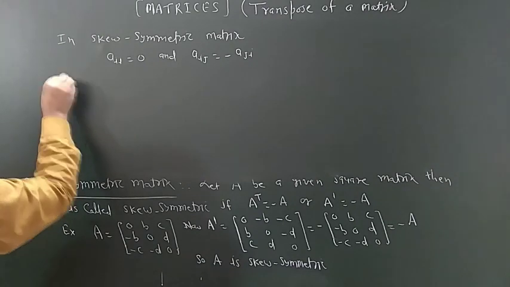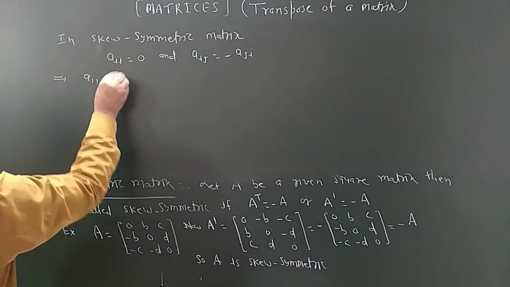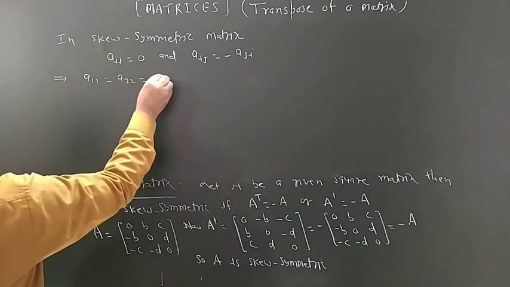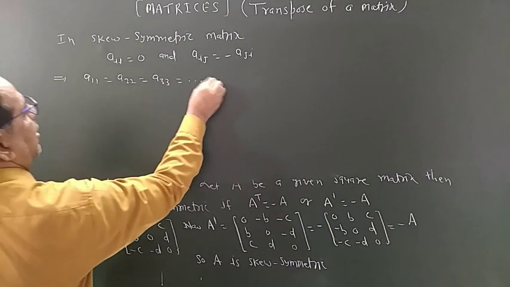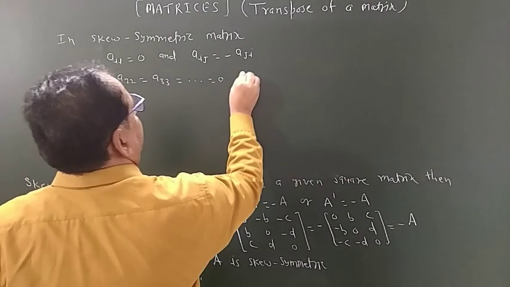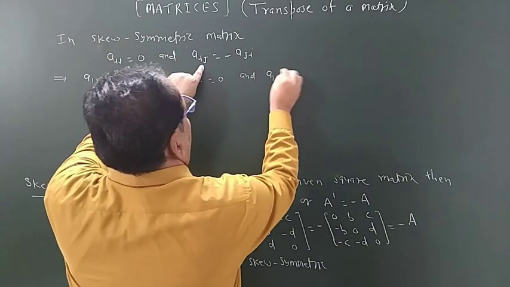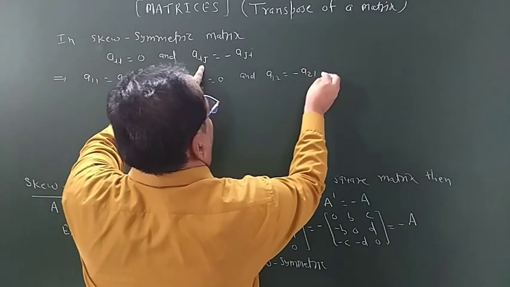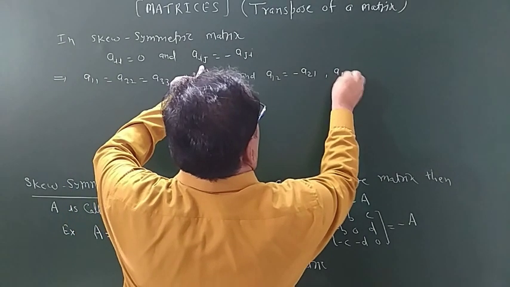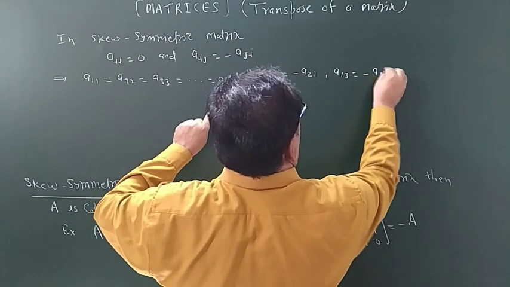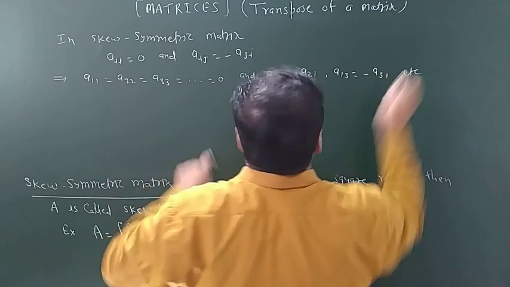This implies that A11, A22, A33 are 0, and suppose A12, this becomes minus A21, A13 becomes minus A31, etc.